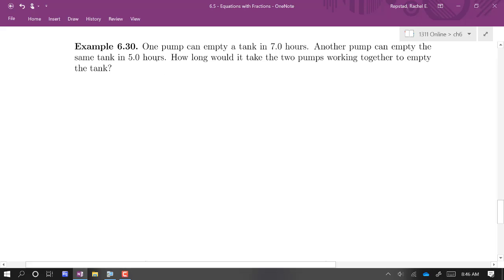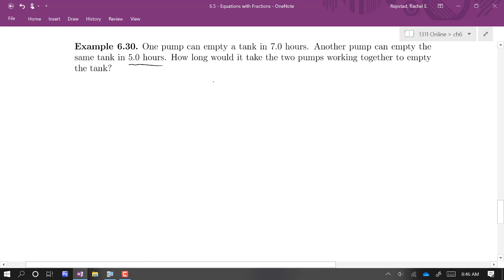So this tells us in example 630 that one pump can empty a tank in 7 hours. Another pump could empty that same tank in 5 hours. If those pumps could work together, how long would it take to empty the tank? So, just starting out, we'll note that the amount of time it should take these two pumps working together should definitely be less than 5 hours, right?